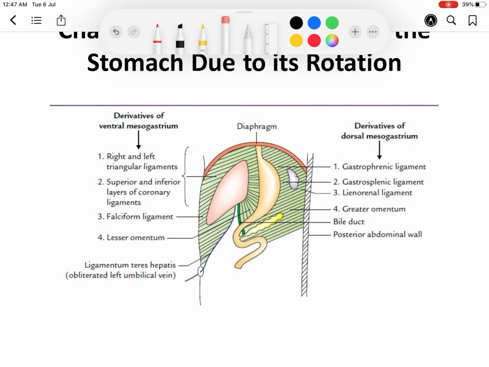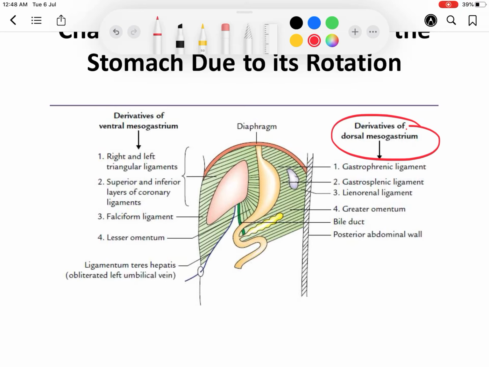So this ventral mesogastrium is divided by the developing liver into parts, a part anterior to it and a part posterior to it. Because of the developing liver, the ventral mesogastrium has been divided, and because of the developing spleen, the dorsal mesogastrium has been divided.